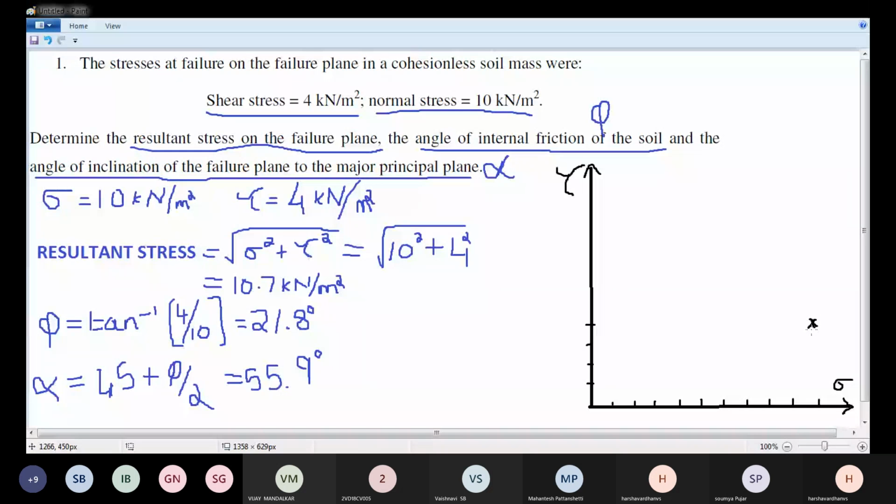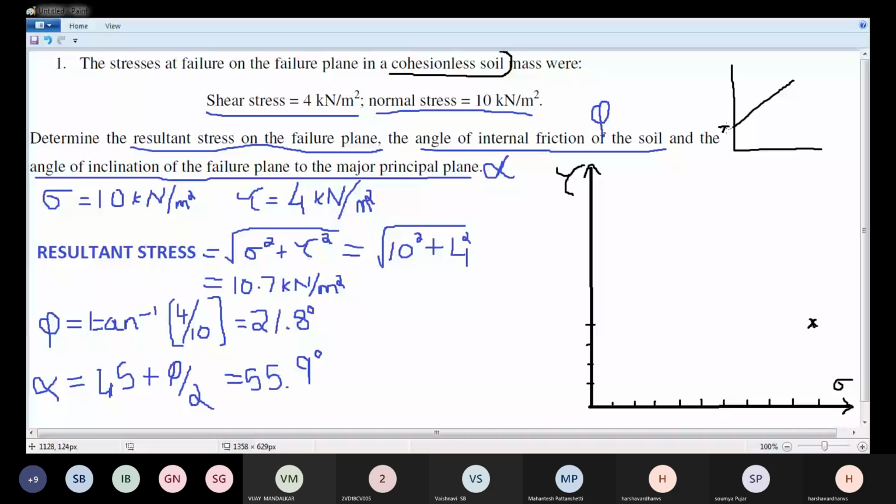We have to draw the strength envelope. Now how to draw the strength envelope? In the question it is given that it is cohesion-less soil. Cohesion-less means C is equal to 0. I told you, this is the Mohr envelope.